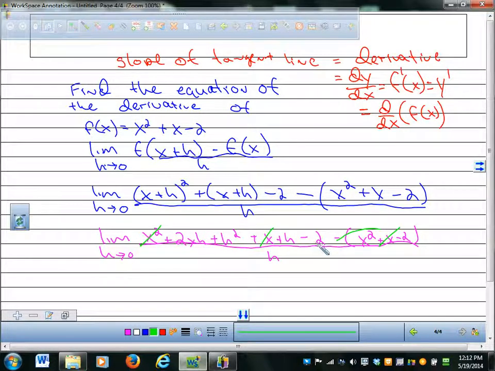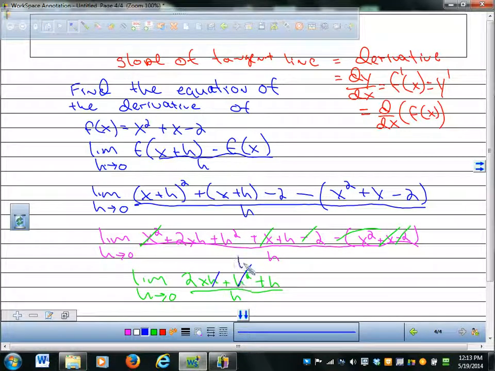What happens to this minus 2 and this plus 2? They go away too. What I'm left with so far is the limit as h goes to 0 of 2xh plus h squared plus h, divided by h. Now I can divide everything by h.